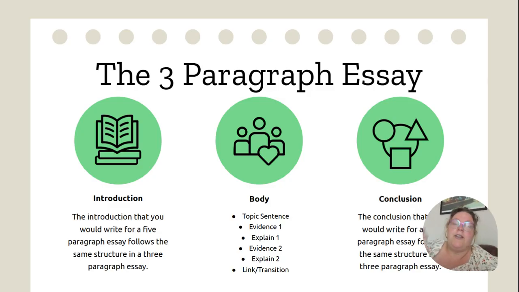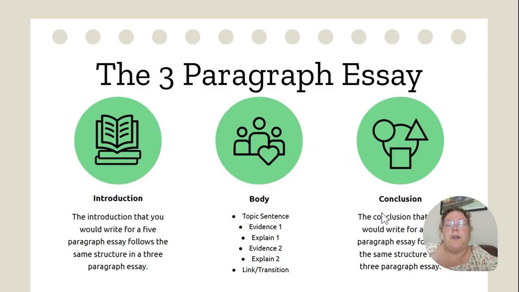That is your introduction. Your body is all the paragraphs condensed down into one. In your body, you have your topic sentence, you have your evidence 1, and then you explain it. You have evidence 2, and you explain it. And then you link how those 2 pieces of evidence tie into your thesis.